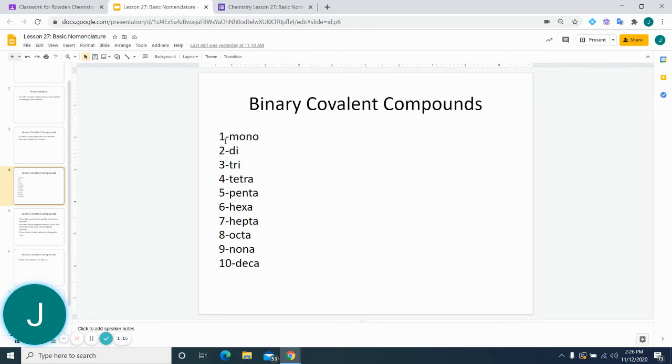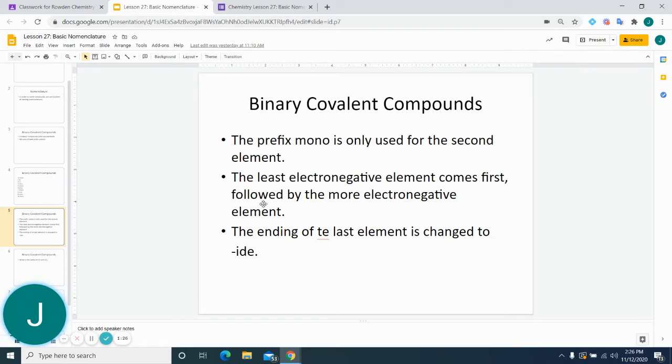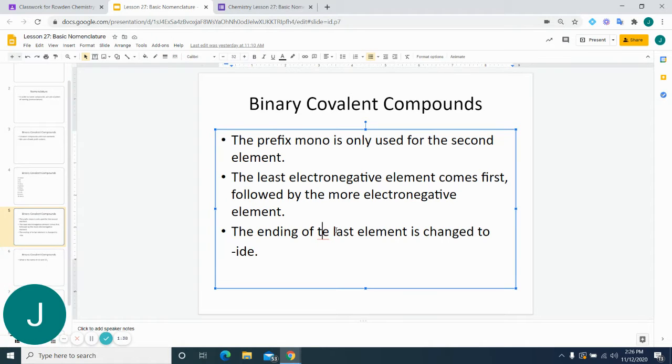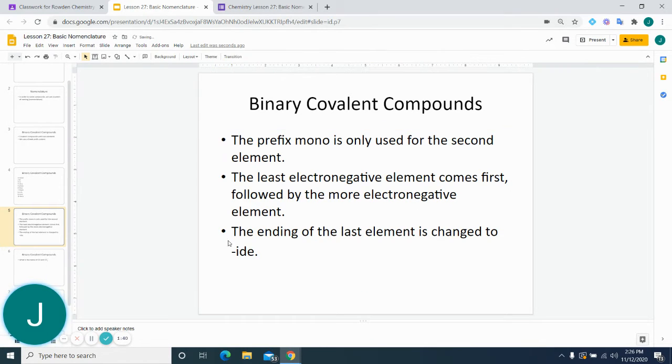We have the Greek prefixes from 1 through 10, which are mono, di, tri, tetra, penta, hexa, hepta, octa, nona, and then deca. One important detail is that you only need to say mono, or say there's one, if it's for the second element. If there's only one of the first element, you'll just go ahead and name it without saying mono, and we assume that means one.